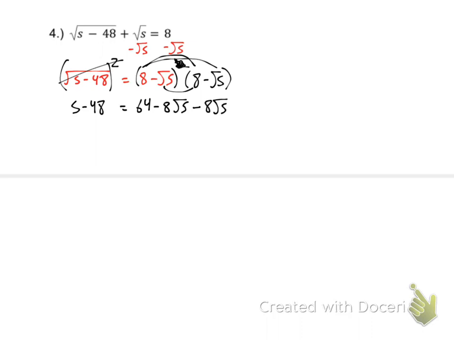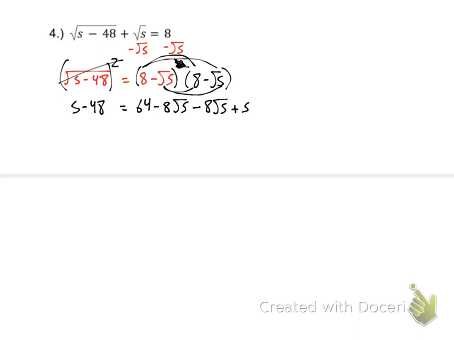Do we have questions? And a negative times negative is a positive, and what's the square root of s times the square root of s? s. So I think we could simplify that.